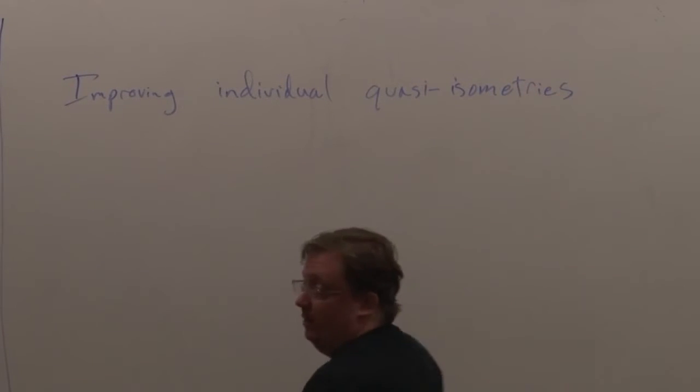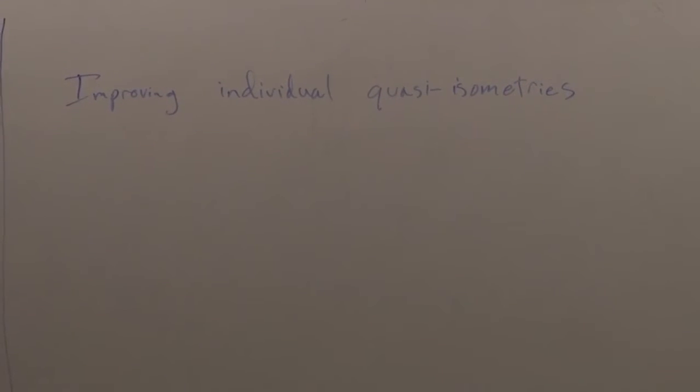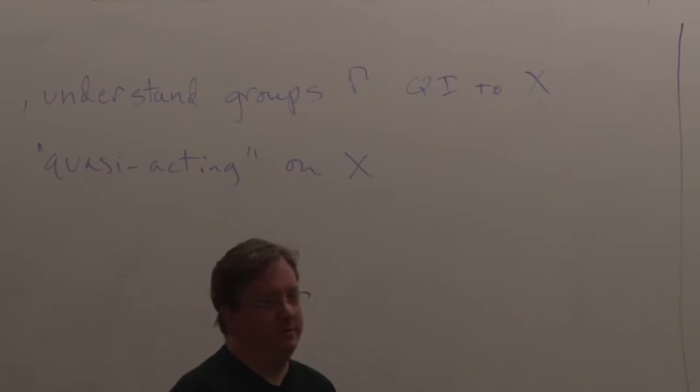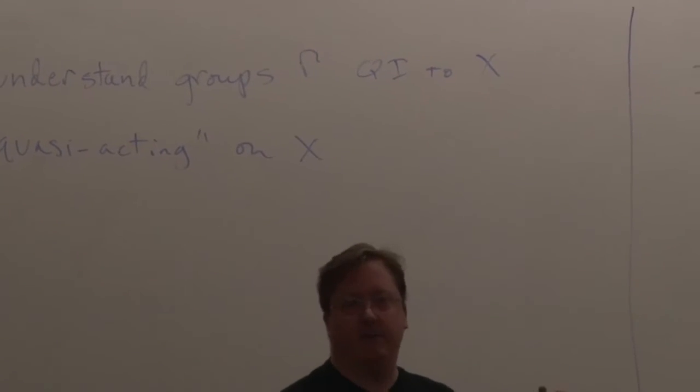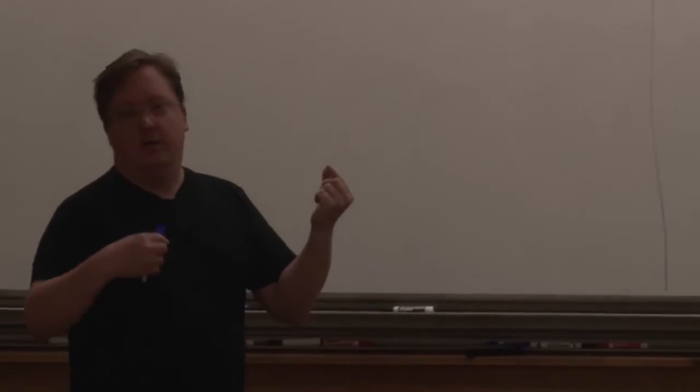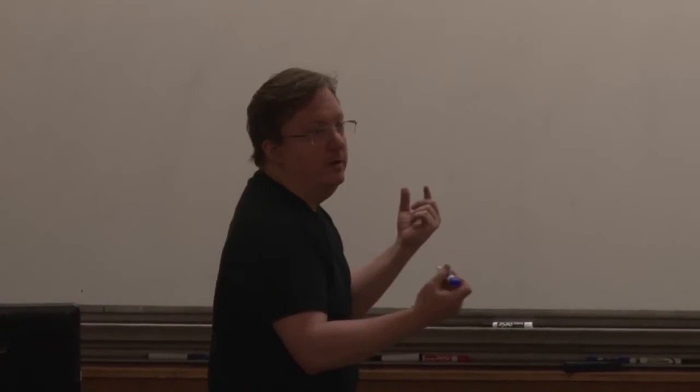Something I wasn't so careful about last time is that, in general, the exact map we have as our quasi-isometry is not really important. It has a lot of arbitrary choices built into it. So for example, when we took R2 being quasi-isometric to the integer lattice by just taking each point in R2 back to some closest integer point, there are points that are equally close to two things and we have to pick.